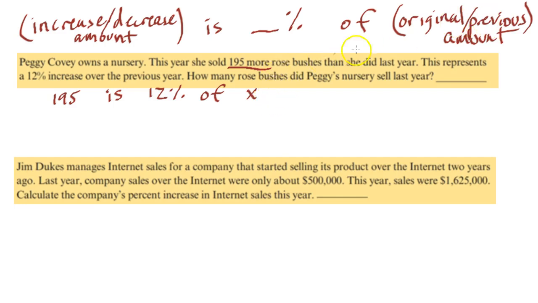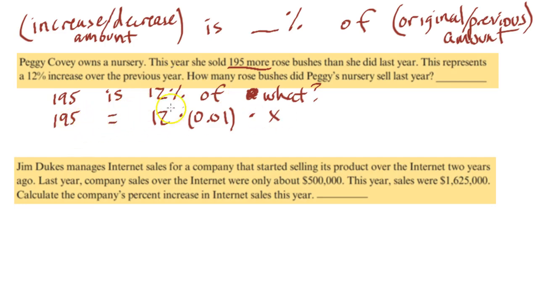Let's go ahead and translate this into an equation like we did in the previous objective. 195 is 12, and then the percent we multiply by 0.01, of, and then we just have x. More realistically we would say 195 is 12% of what? Just to line up with what we had in the previous objective.